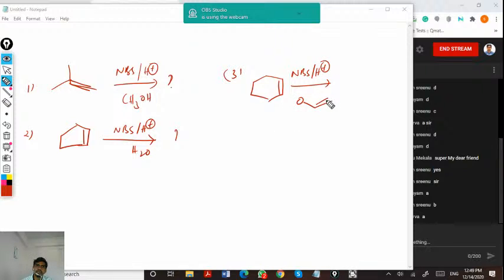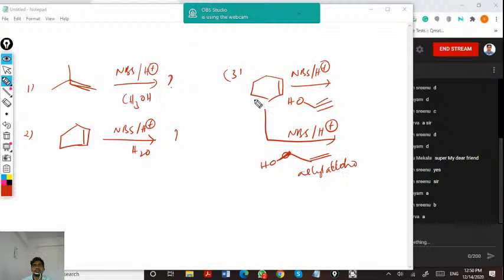This is propargyl alcohol. If a double bond is there, let's say NBS by H plus. If the system is attached with carbon, three carbons with a double bond, that is an allyl system, so this is allyl alcohol.